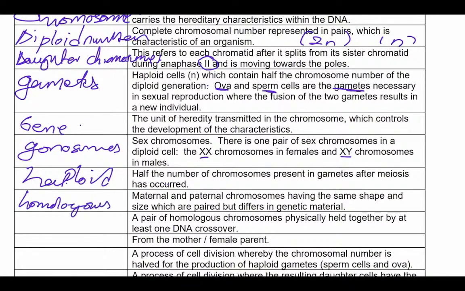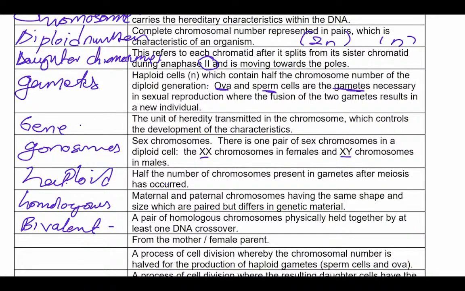Homologous chromosomes. A pair of homologous chromosomes physically held together by at least one DNA crossover. How do we call that? How do you call those chromosomes during crossing over? I said it and I'm going to say it again. It's called bivalent, depending on where you're coming from.